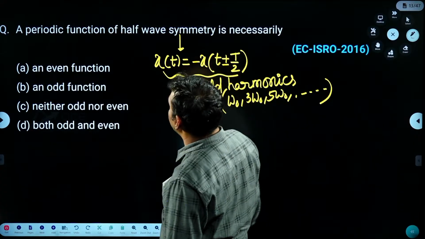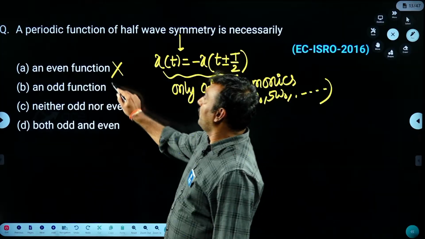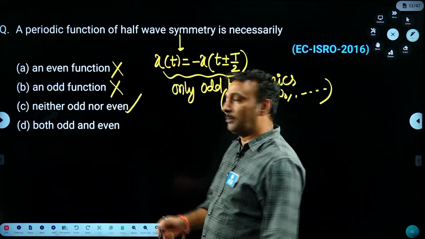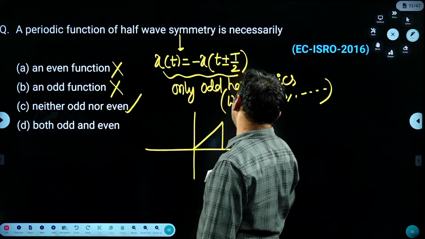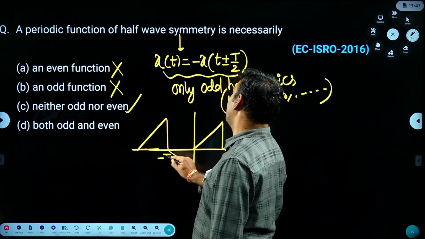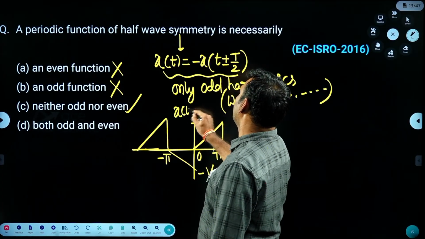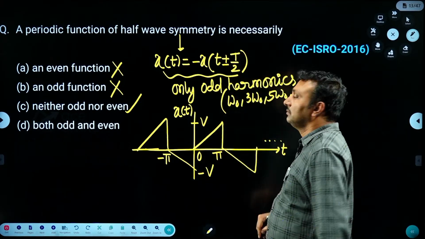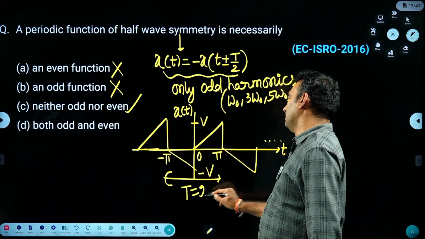He is saying that it is necessarily an even function, no rule. An odd function, no rule. Neither even nor odd, it can be. Because if I am choosing a signal like this, it is perfectly obeying half-wave symmetry condition, having its time period as 2 pi.